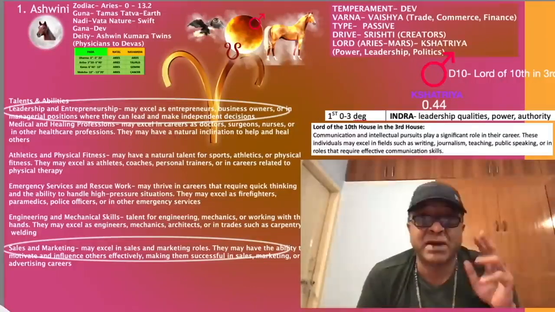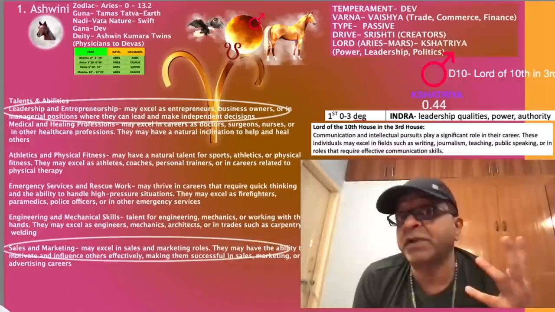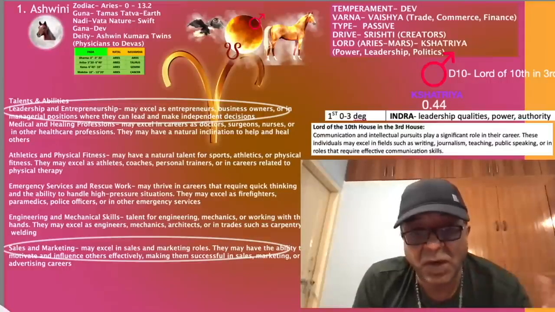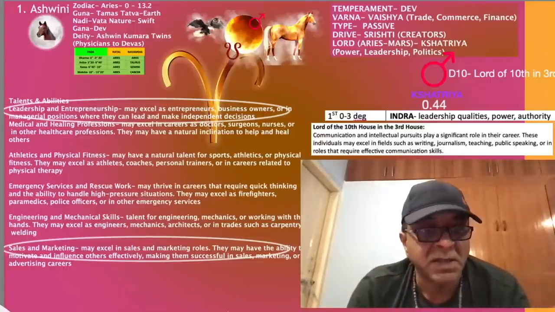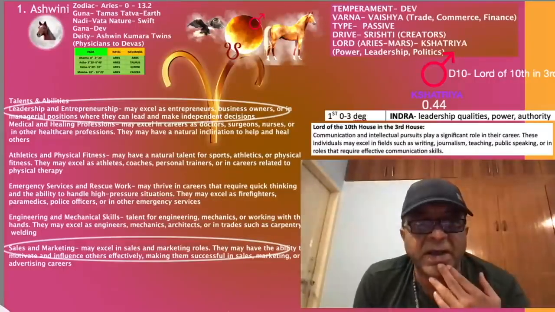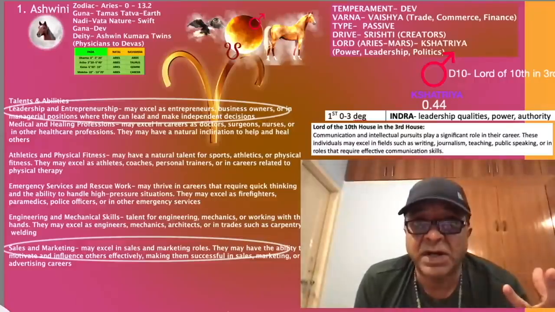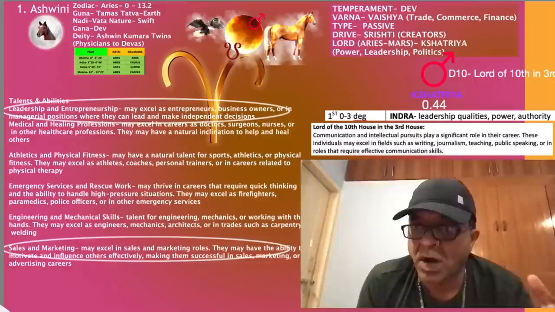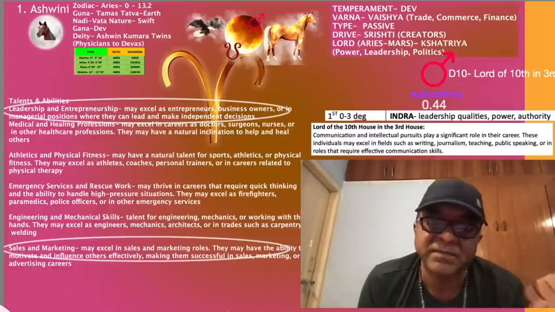So keep that in mind: whenever the Lord of the 10th is Mars, there will be very aggressively driven people to accomplish stuff. It always works that way with Mars. Mars is not a sit around kind of guy. So Mars in Ashwini is very exalted Mars. She will go out and get stuff done in the external world because of the Lord of the 10th.